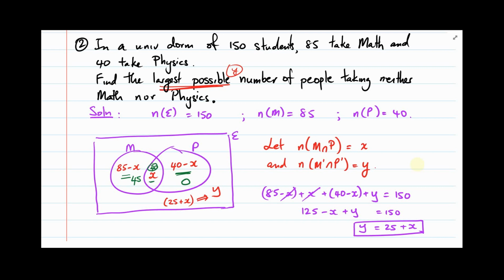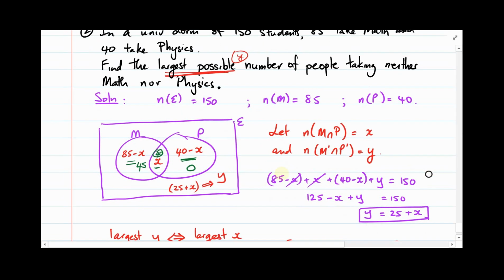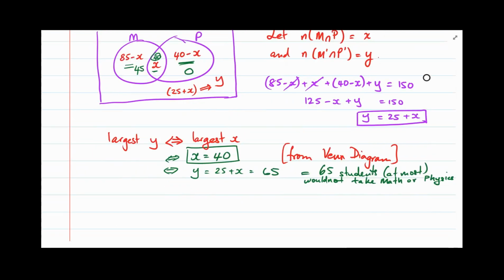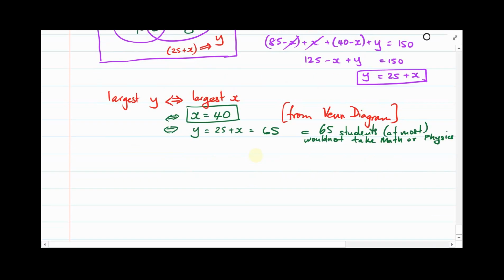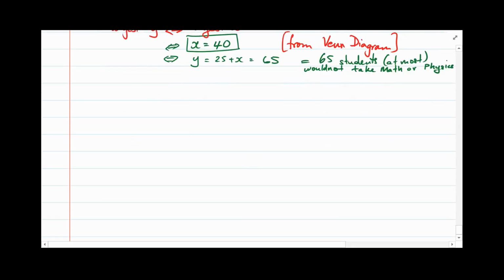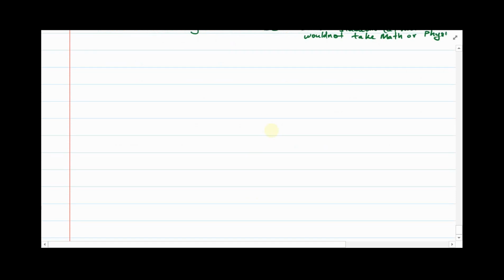One variable had to be written in terms of the other, and then based on the questions asked, we could find the largest, or sometimes the smallest, possible value or values of a particular region on the Venn diagram.